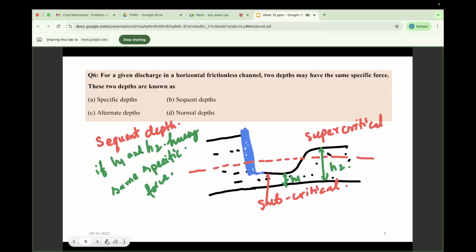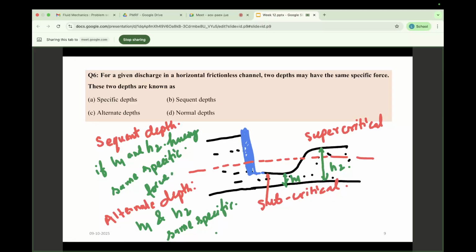Next term is alternate depth. In the case of alternate depth, again at these two points, say h1 and h2, if you find that they have the same energy, whereas in the previous sequent depth it is the same specific force, here it is the same specific energy, right?